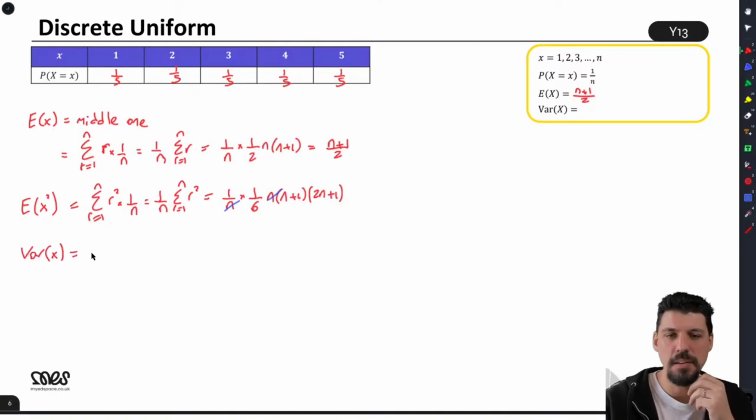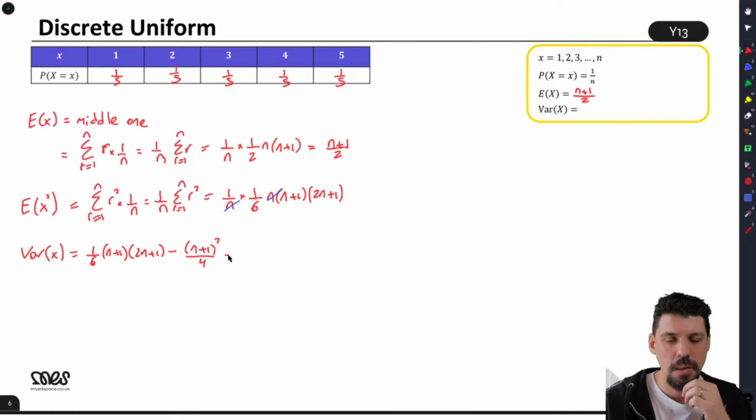So var of x is going to be 1/6 n plus 1, 2n plus 1, minus E of x all squared. Let's take out an n plus 1 over 12, because 4 and 6 both go into 12.